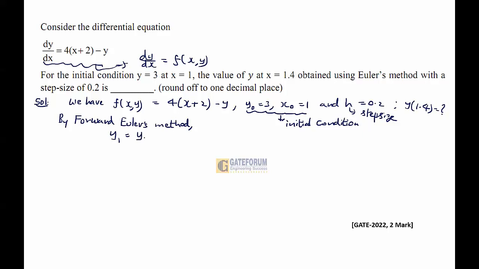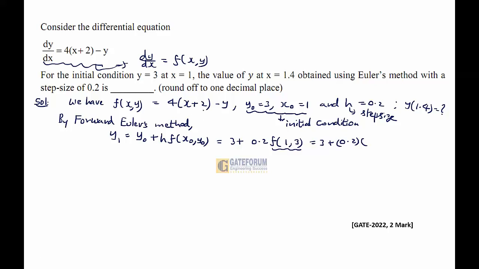You will be getting y1 is equal to y naught plus h times f of x naught comma y naught. So this is equal to y naught value 3, h value 0.2 times f of x naught, y naught, 1 comma 3. So how do you get this value? 3 plus 0.2 into, in this function of x comma y, put x equal to 1, y is equal to 3.